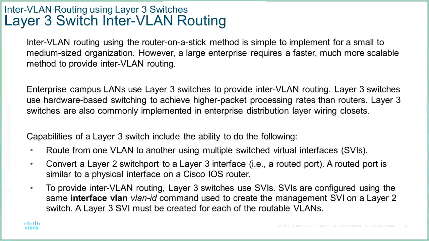So we can share routing information and do everything that a normal router can do. Well, not everything. The basics of what a normal router can do on that multi-layer switch.